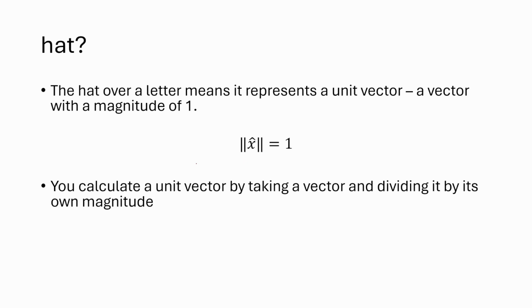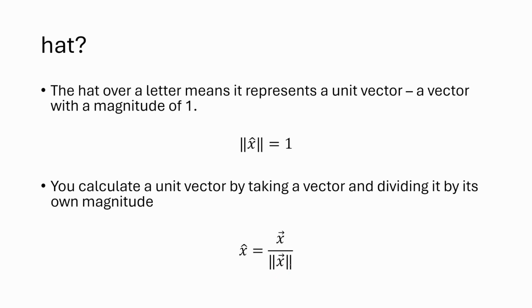Now, in order to take any vector and turn it into a unit vector, you need to divide it by its own magnitude. If I have a vector that has a length of 3, and then I divide it by 3, the new vector has a length of 1. It's actually not that mind-blowing if you just say out the logic like that. X vector has a length of 3, the magnitude of x is 3, I divide them.